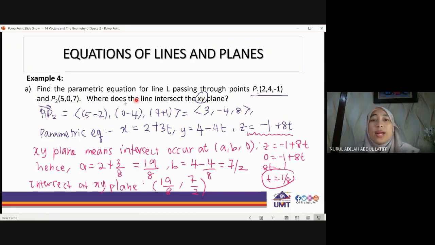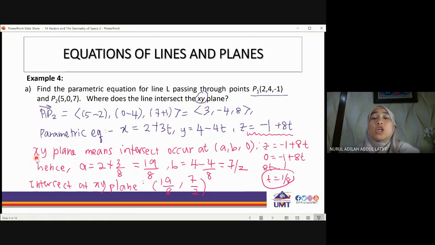Now, where does the line intersect the xy plane? The line intersects the xy plane where z is equal to 0. So in this case, the xy plane means the intersection occurs at (a, b, 0).